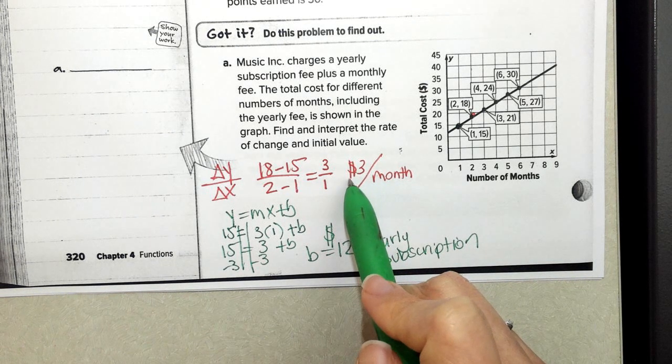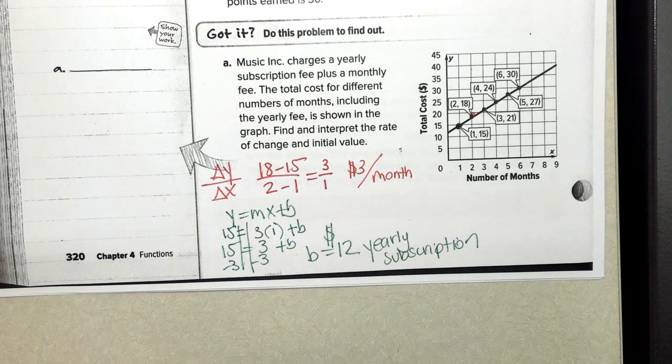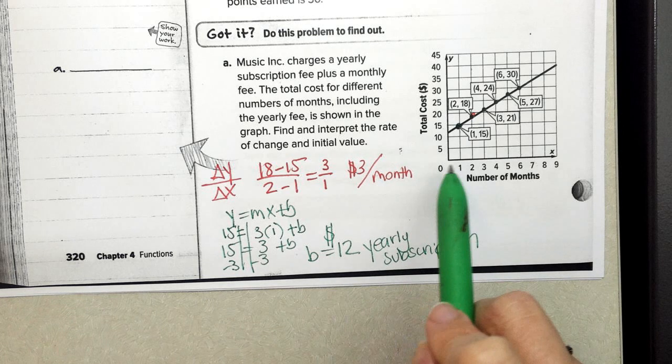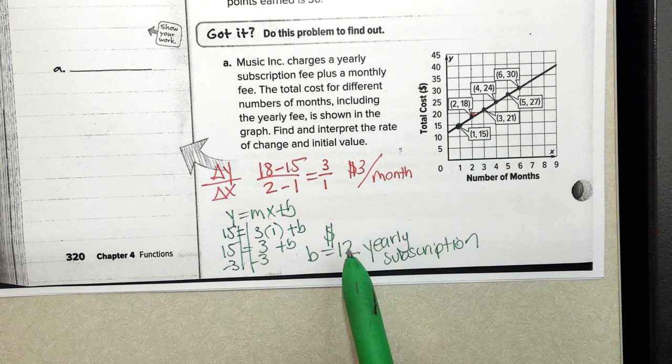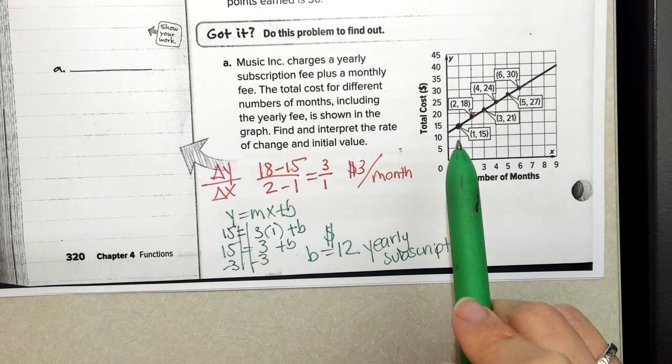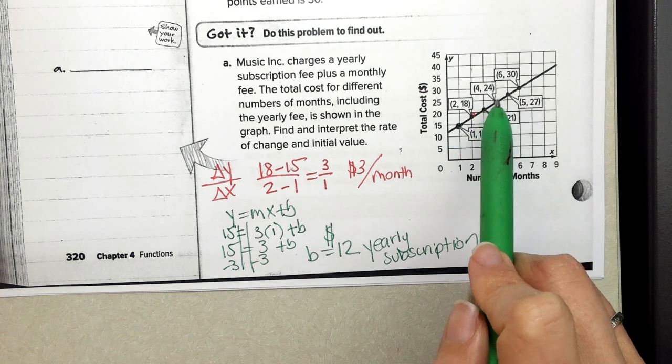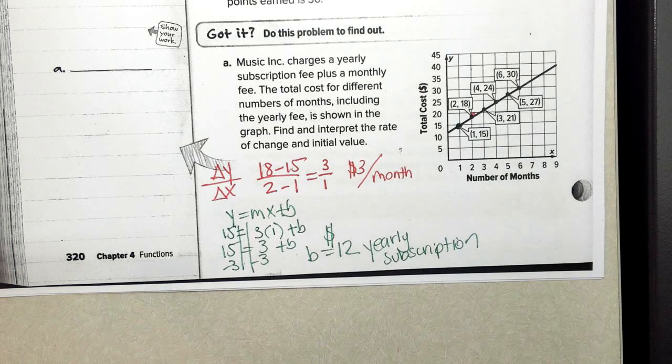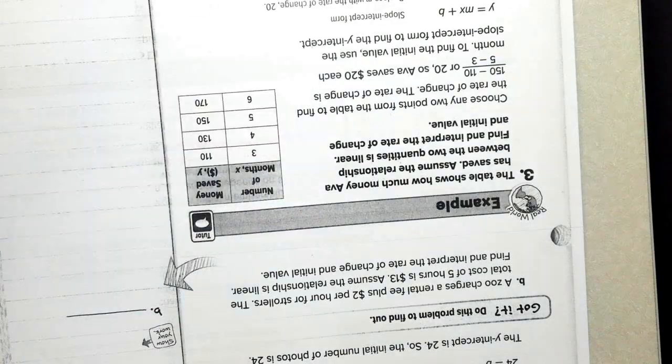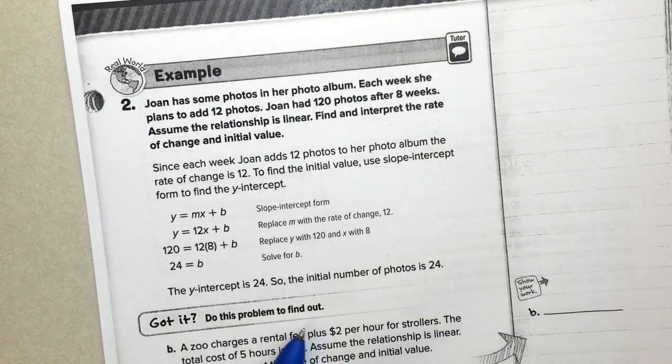Then after that, the rate of change is $3 per month. That's why the first month cost me $15, because it's $12 plus that $3 for the first month. Then it's $3 additional every other month. Okay?